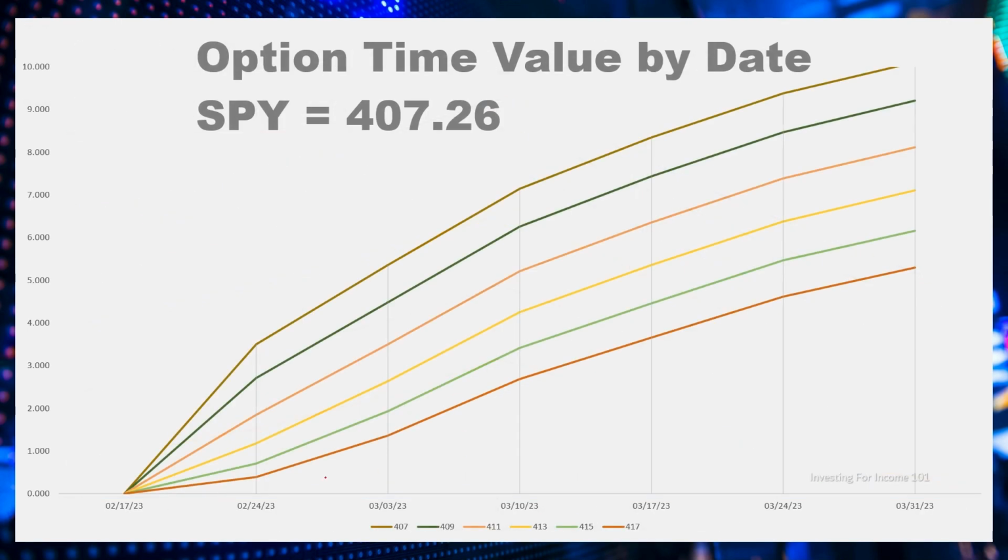Here is a different look at the same data, just sliced differently. The top line is for the strike price of 407. That's the at the money option, and on the x-axis are the different expirations. And you can see the further till expiration, the higher the time value, and the time value decreases. And again, for the at the money option, this is some kind of parabolic decline.